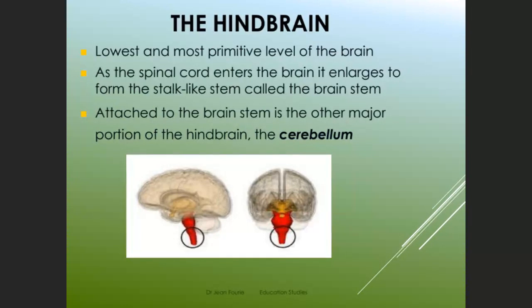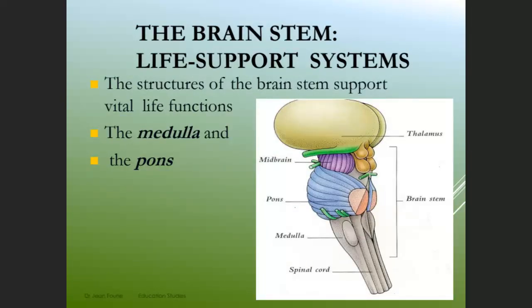And it is the most primitive level because this is the part of the brain that controls all our life support systems. These are the structures of the brain that support vital life functions, and the medulla and the pons are crucial parts of this system.